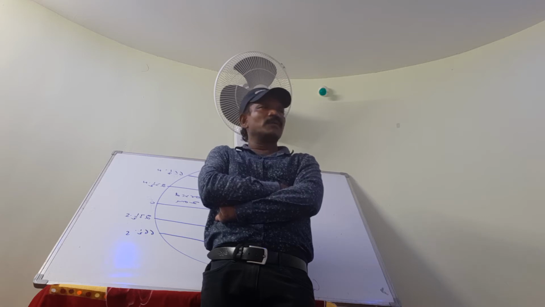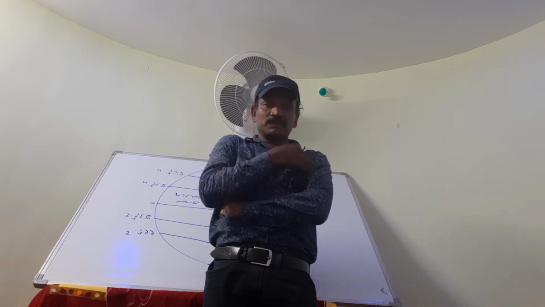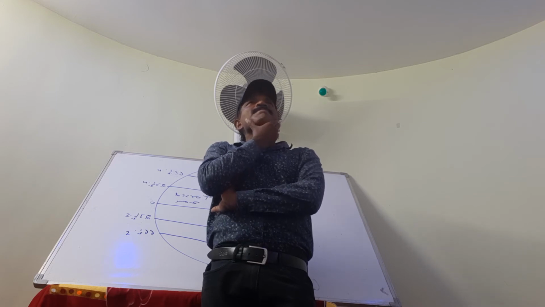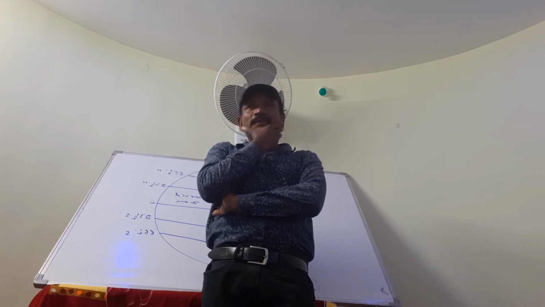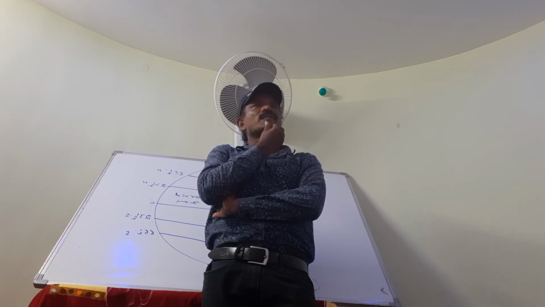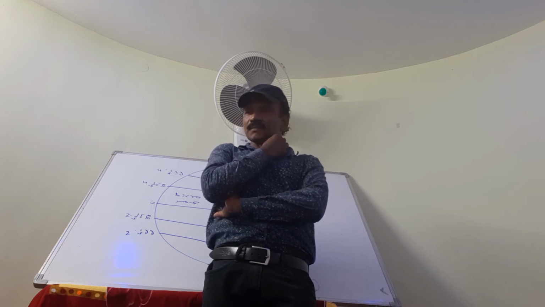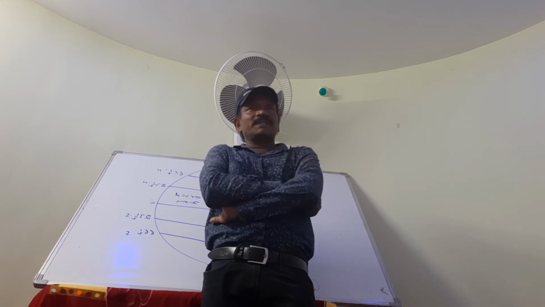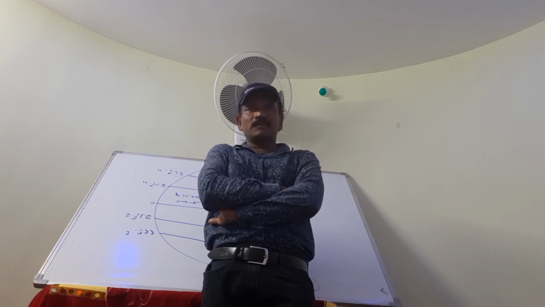Now we are going to discuss about Nile River. The Nile River is the longest river in the world. It rises from the Victoria Lake of the eastern part of the African continent.